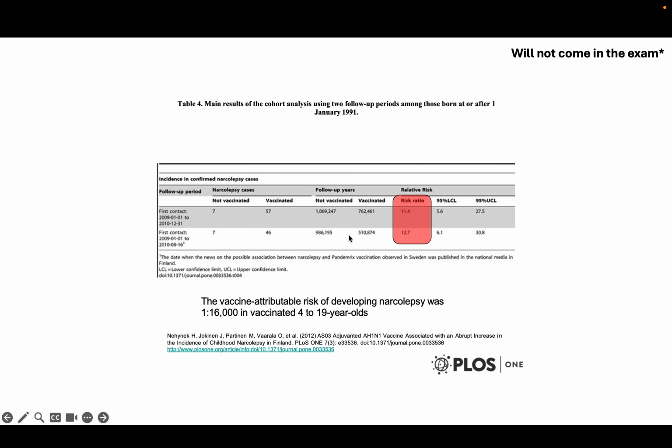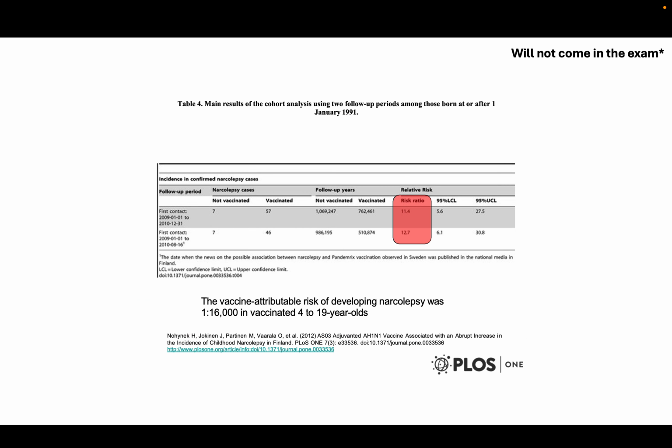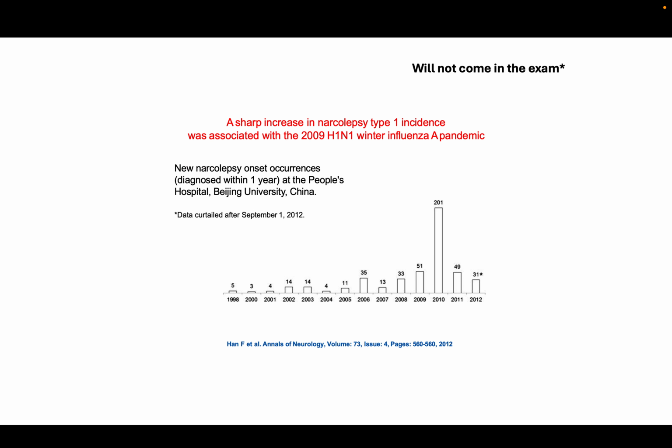For example, these are the numbers of non-vaccinated and vaccinated ones. If you look at narcolepsy cases, there are many more in the vaccinated. So people with this specific H1N1 vaccine have a slight increase of narcolepsy, but people who were infected with it also have narcolepsy.